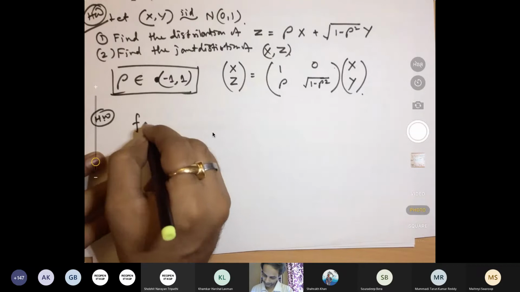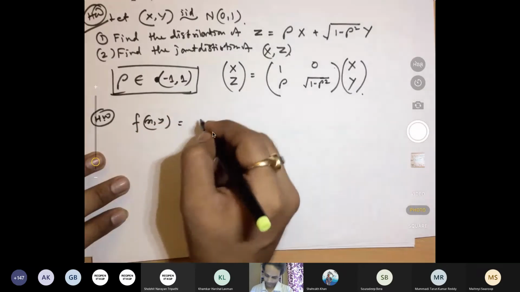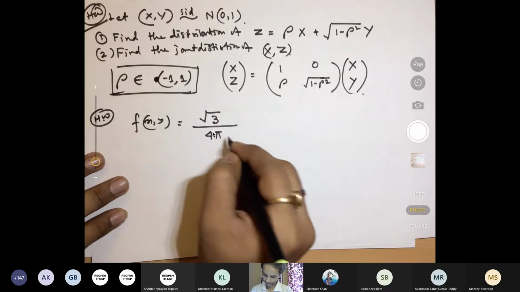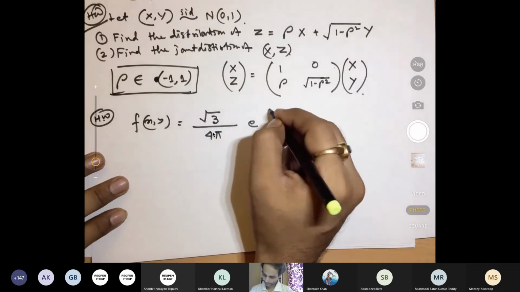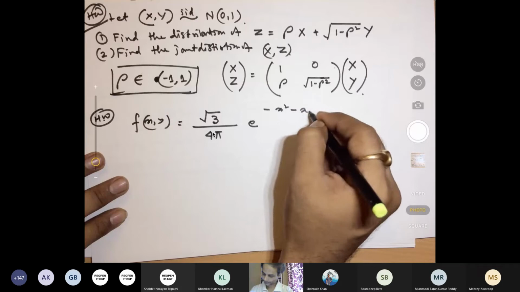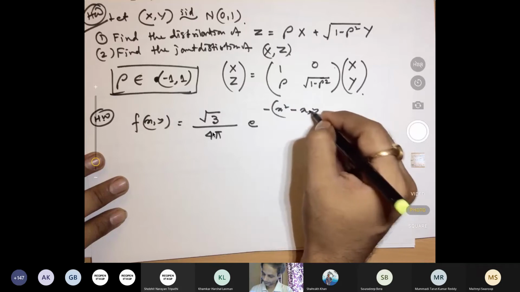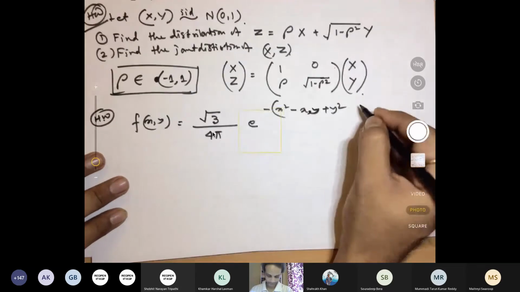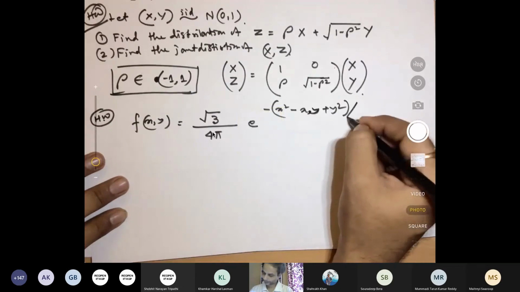So f(x,y) equals root 3 divided by 4 pi, e to the power minus (x square minus x times y plus y square) whole divided by 2.